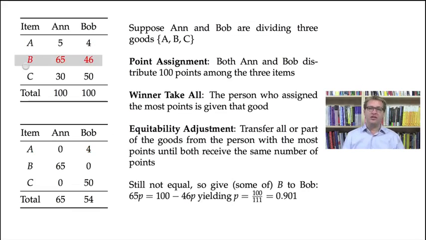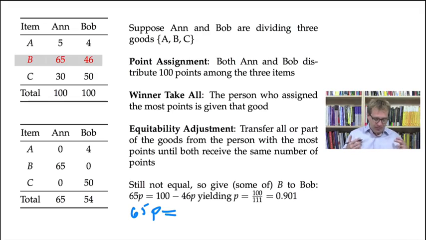The question is, how much of item B should we transfer? Ann currently has 65 points from B, and we're going to let P be the portion of item B that she keeps. So 65 times P is the total number of points that Ann has after the transfer. That should be equal to the total number of points that Bob has.